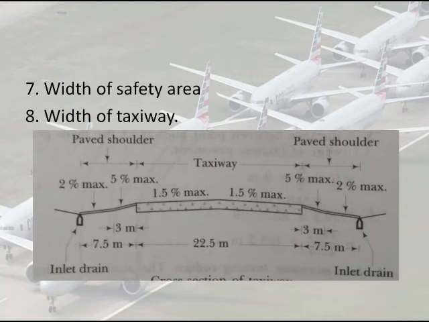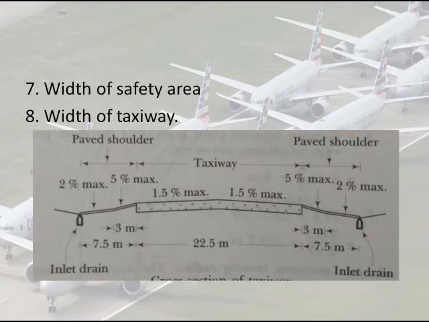The eighth point is width of the pavement, or width of the taxiway. The width of the taxiway is much less than the runway because of the following two factors. The first one, the aircraft are not airborne on the taxiways.